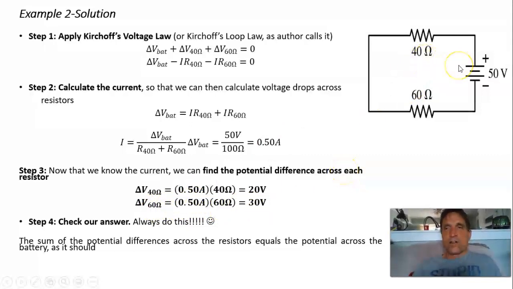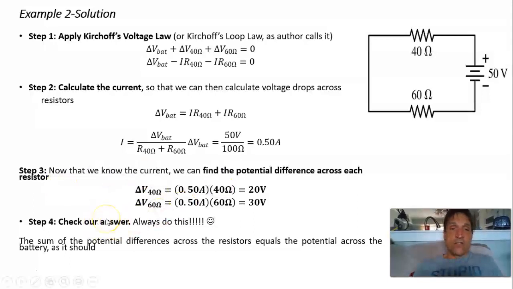So we lose 20 volts across the 40 ohm resistor, we lose 30 volts across the 60 ohm resistor. Now we've found the current, and there's only one current. We found all the potential differences. We're done, right? No, almost.